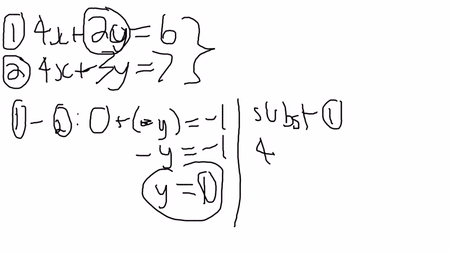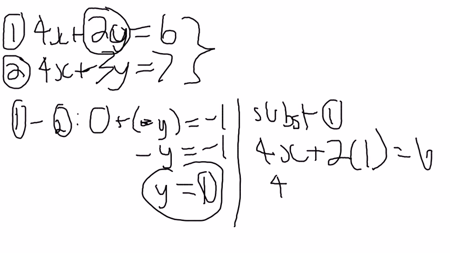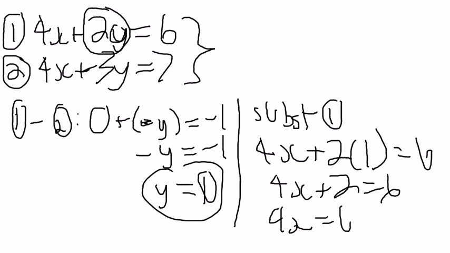So 4x plus 2 in parentheses 1, because we're multiplying it, equals 6. So then this means that 4x plus 2 equals 6. At this point, it might be pretty easy to figure out, but I'll do it anyways. 4x equals 6 minus 2. This means that 4x equals 4. This means that x equals 1.